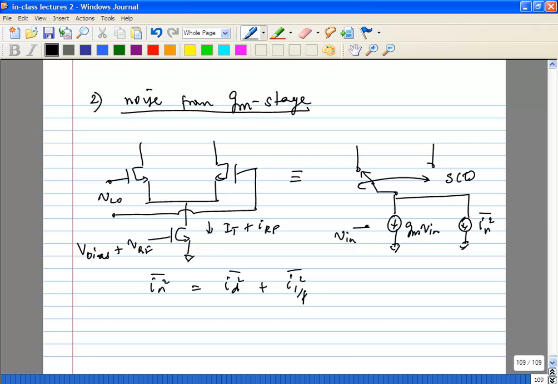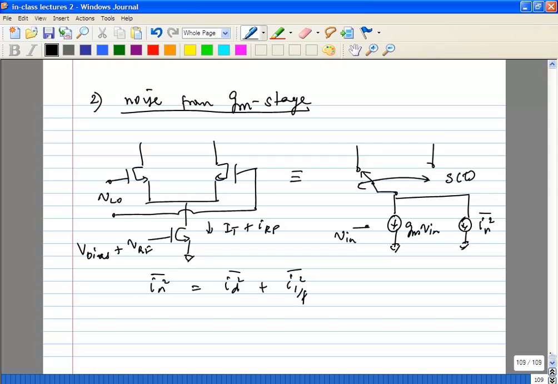This switches as S(t). We know the signal in the bottom transistor gets multiplied with S(t), so effectively it gets amplitude modulated. We know that S(t) has components at omega_LO, 3 omega_LO, 5 omega_LO and so on. So let's draw out the spectrum.